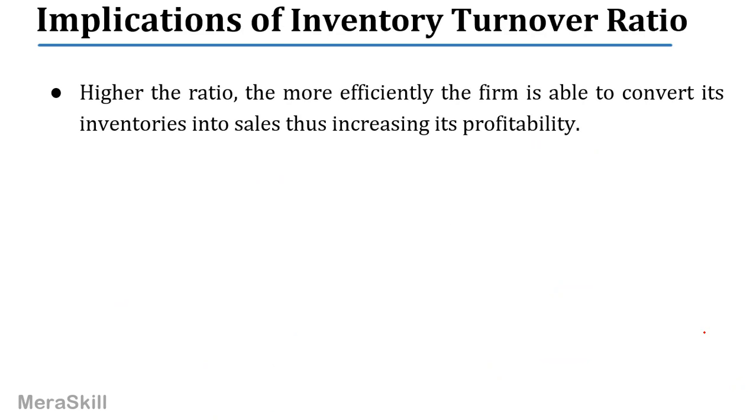What are the implications of this? Usually, higher the inventory turnover ratio, the more efficiently the firm is able to convert its inventories to sales, thus increasing profitability. Higher this ratio, lower the holding period, right? Then it is better.